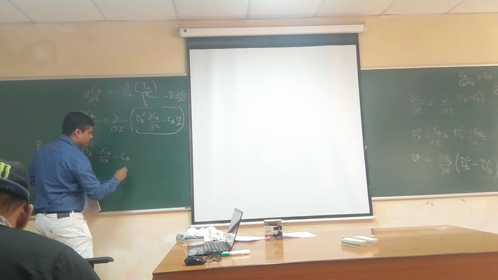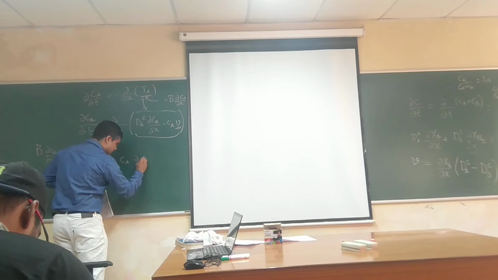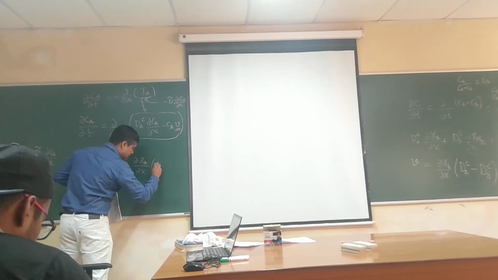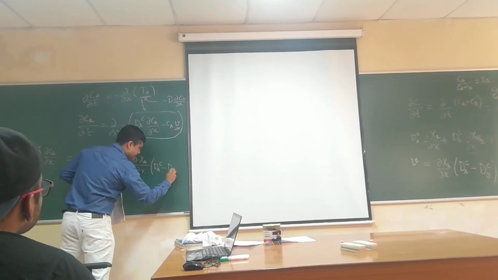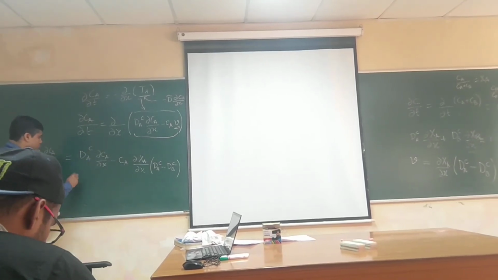What is the expression for V? Del XA del X multiplied by DSC minus DVC, into CA. CA I have multiplied already.